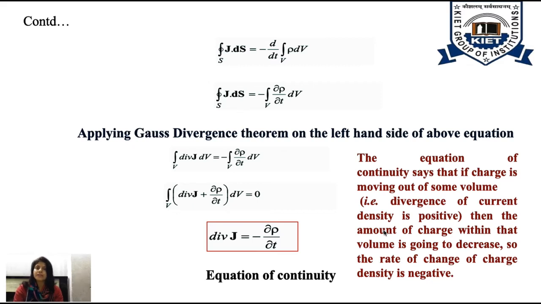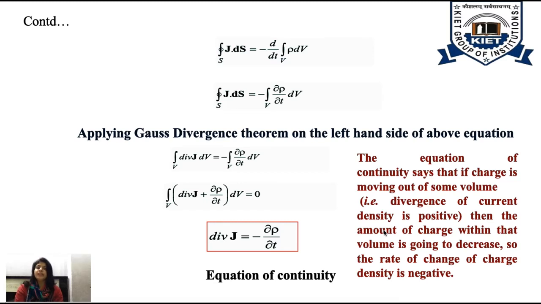Applying Gauss divergence theorem on the LHS, the left hand side of this equation, the surface integration is converted into volume integration. Then the equation becomes volume integration of divergence of J into dV is equal to minus volume integration of del rho by del t into dV.